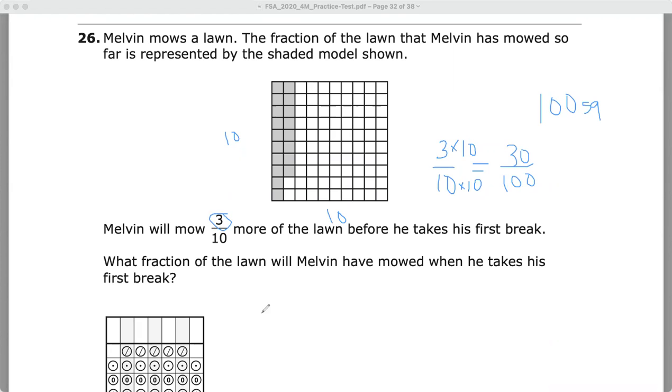So if I were to fill in 10 squares here, or one row of 10, here's my second row of 10, and here's my third row of 10. Let's pretend I can color straight.